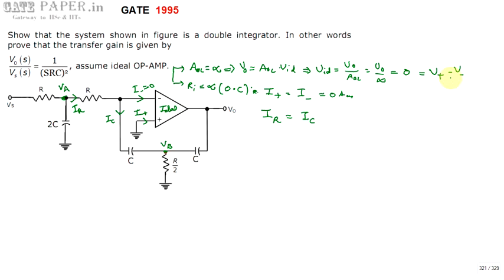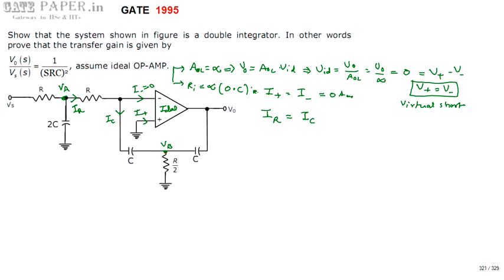Since V plus minus V minus is equal to 0, we can say V plus is equal to V minus. This is the concept called virtual short. The voltages at two nodes will be the same if they are joined with a wire, that is, if they are shorted.